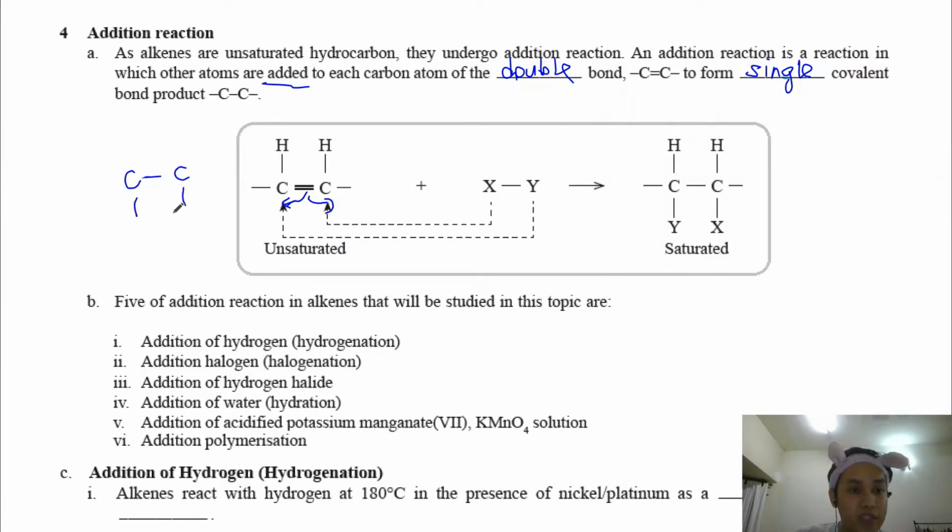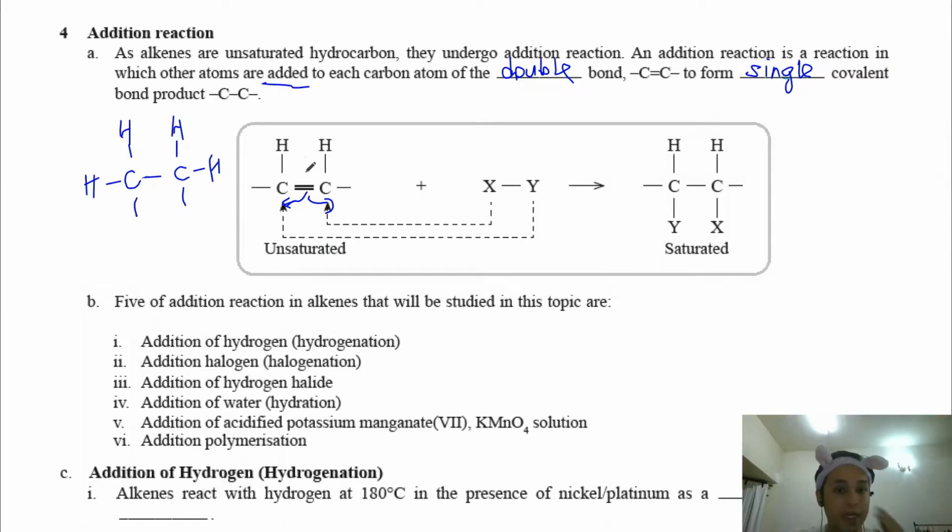After you break the double bond, you produce 2 more additional places for other atoms. The other atoms will be added into these 2 places. That is why all the reactions happen at the double bond.